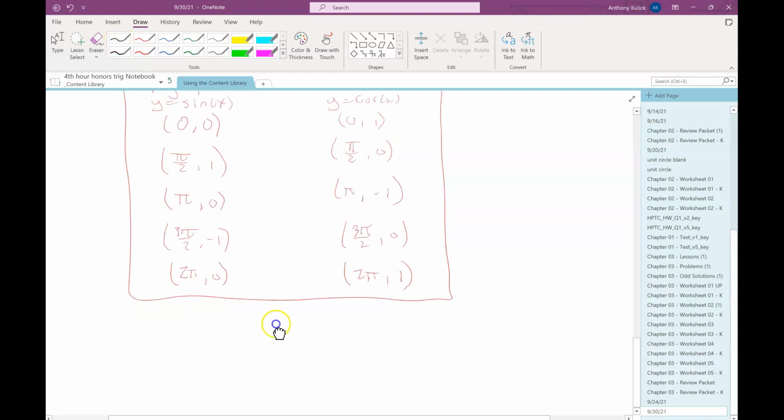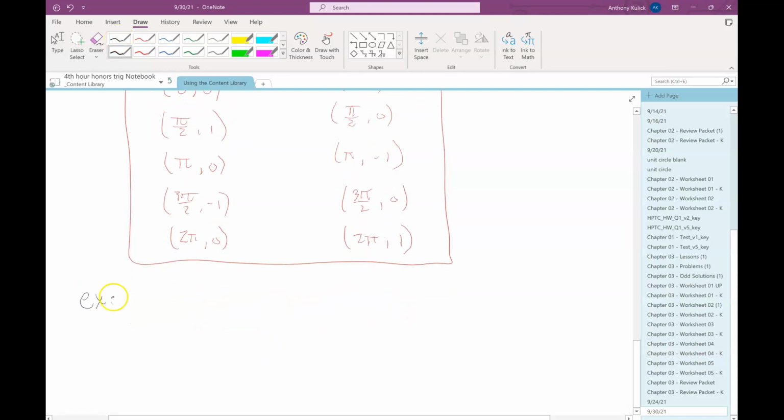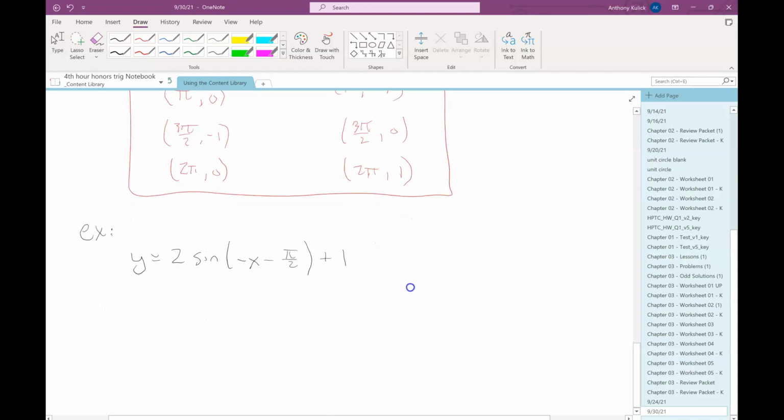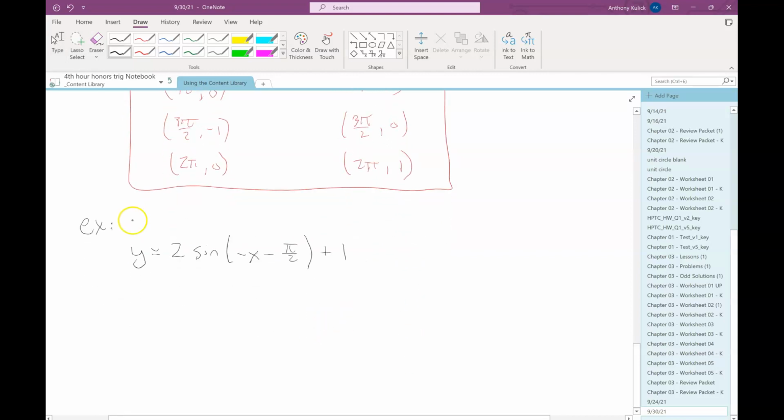Okay. So let's look at an example. Let's say I want to graph y equals 2 sine of negative x minus pi over 2 plus 1.